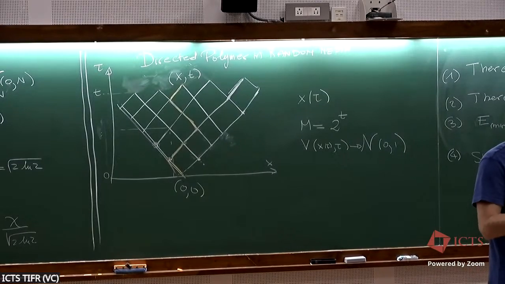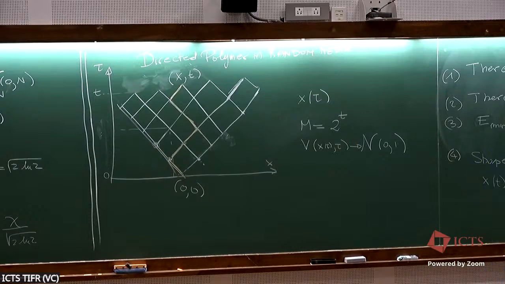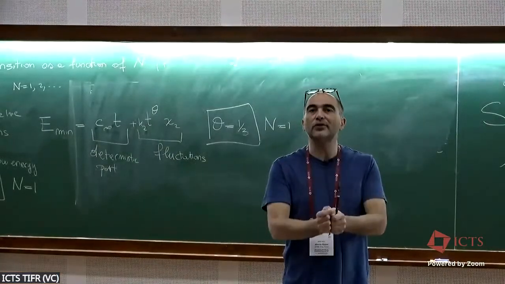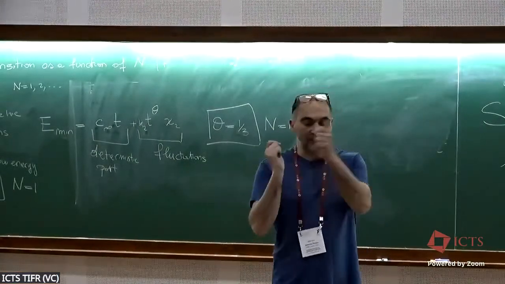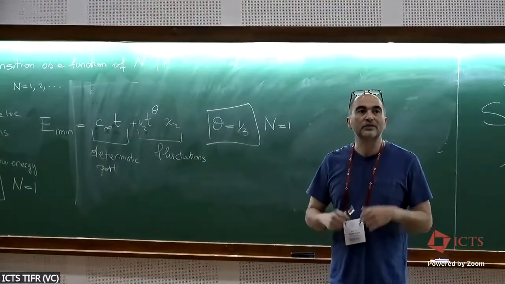Usually you have to enumerate the 2 power t configurations and pick the smallest one, or you can do Monte Carlo with a lot of massage, annealing, and so on, in order to hope that you are taking the low energy states. For the directed polymer, and only for it, you can actually pick the ground state very easily.